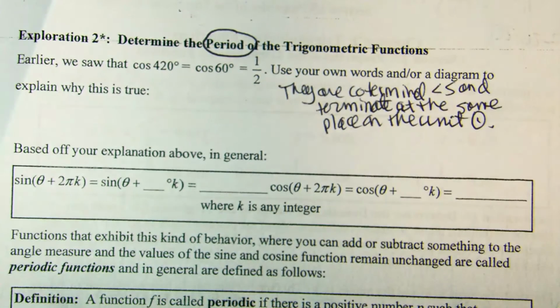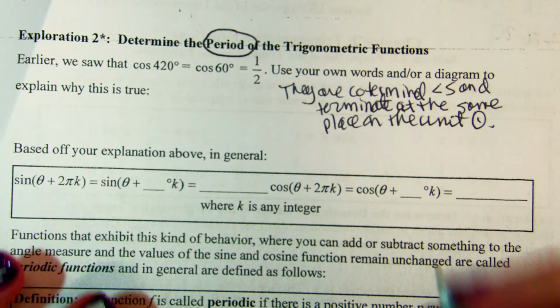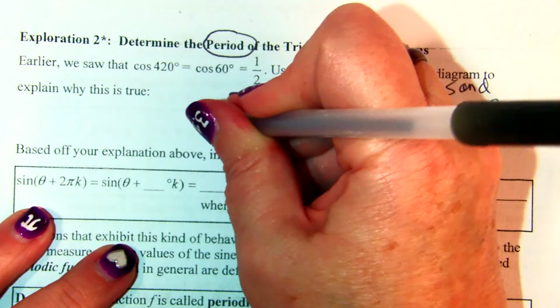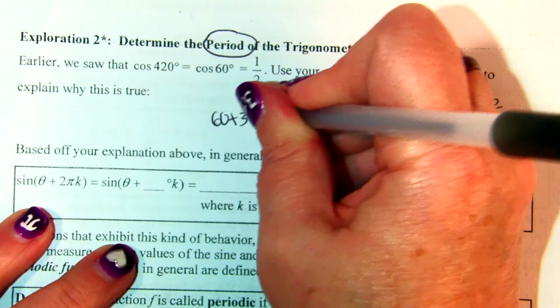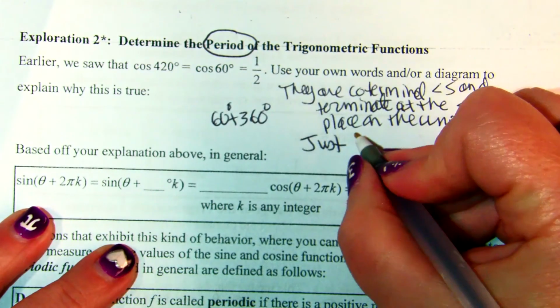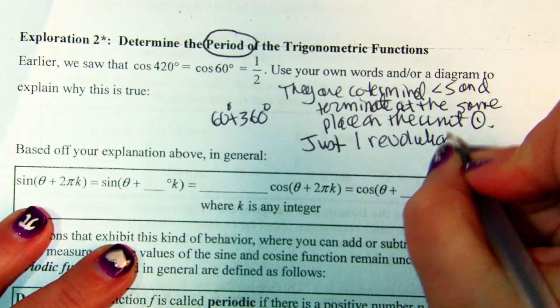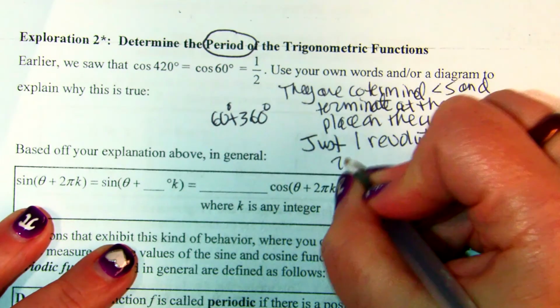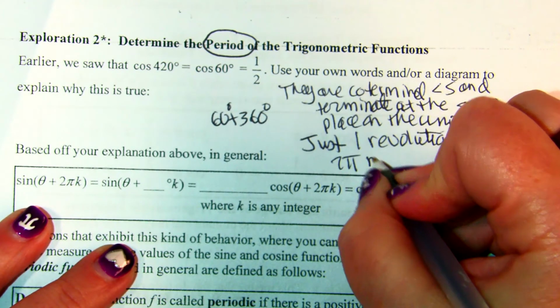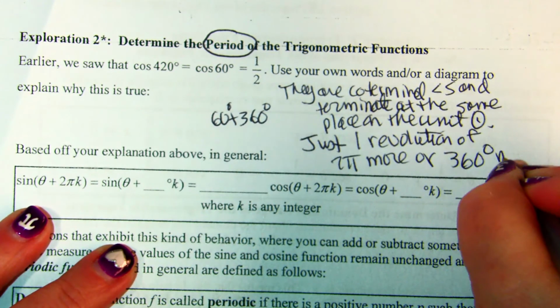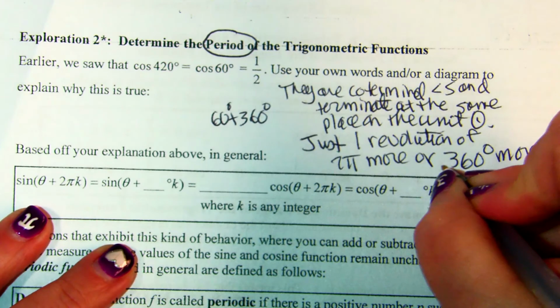Because 60 plus 360 equals 420, just one revolution of 2 pi or 360 degrees more will give you a coterminal angle.